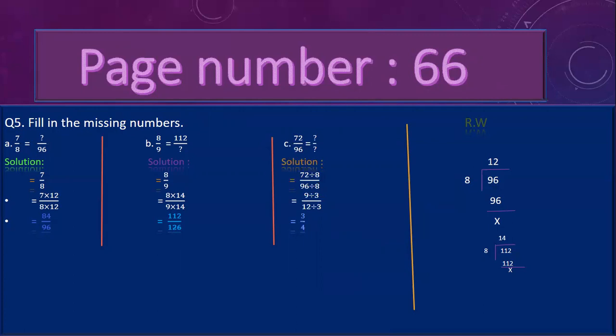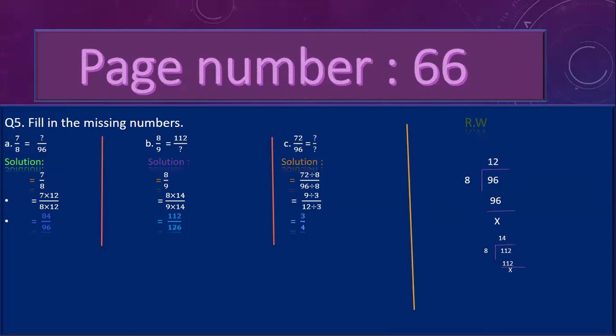Part A is 7 over 8 is equal to, the numerator is missing and 96 is in the denominator. Check the connection between 96 and 8. We come to know the connection between them after dividing 96 with 8. I did this division in the rough work for you.